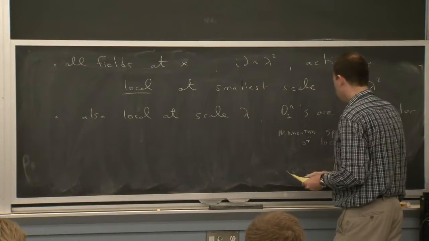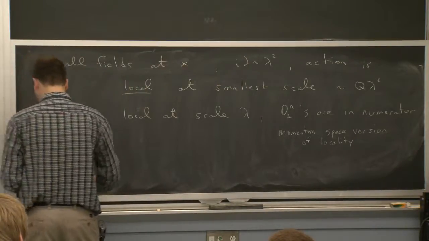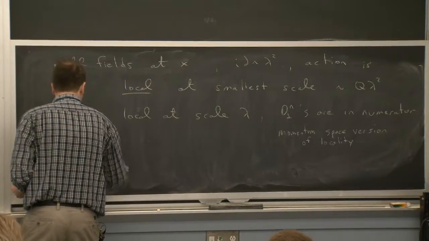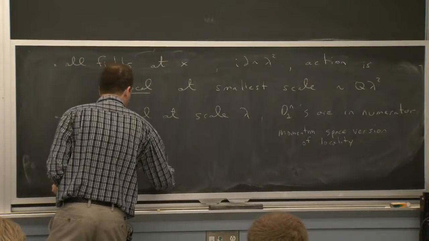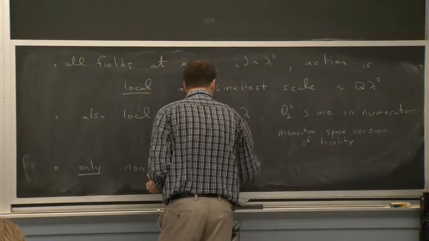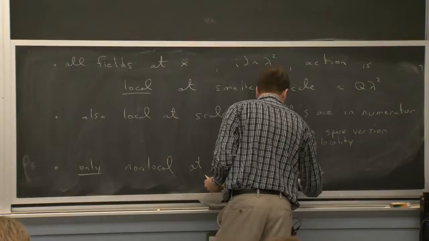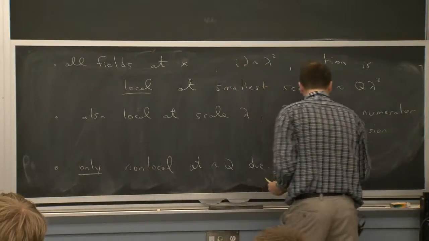And so the only scale that it's non-local at is actually the scale that we want to integrate out, the hard scale. And that's due to the presence of this kind of 1 over n bar dot P_L type factor.